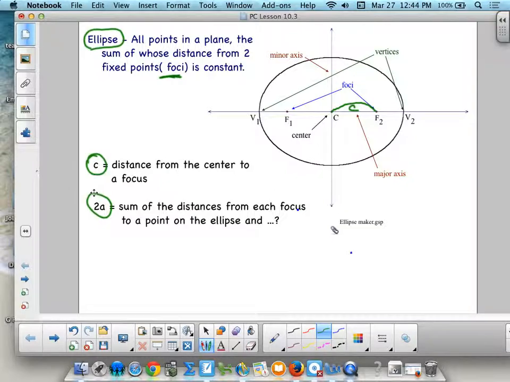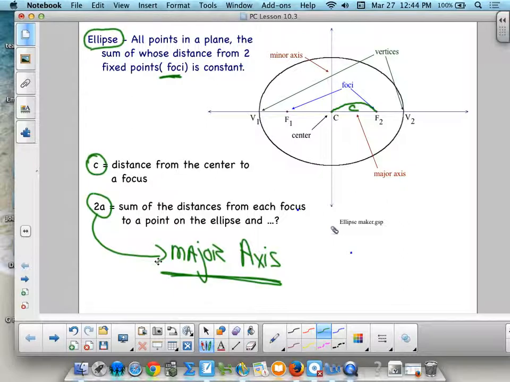Sum of the distances from each focus to a point on the ellipse, and also, can I just say this? The major axis. Okay, the 2A is the major axis, which means if the major axis is 2A, then half of the major axis would be A. So from the center to the vertex would be A.